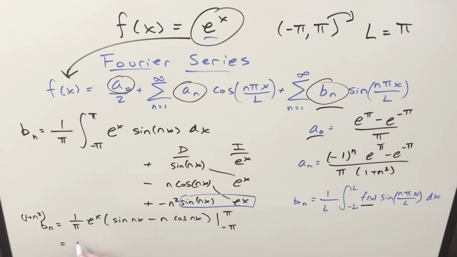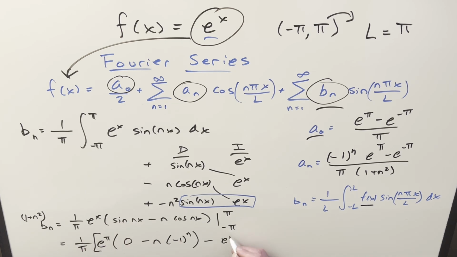Plug in pi, what's going to happen? We've got 1 over pi, e^pi. Sine n pi, that's going to be just a 0. So let's just deal with that now. Same as before. Minus n cosine n pi, we found that to be (-1)^n in the previous example. Then plugging in minus pi, let's make it clear that we're going to distribute in that piece.